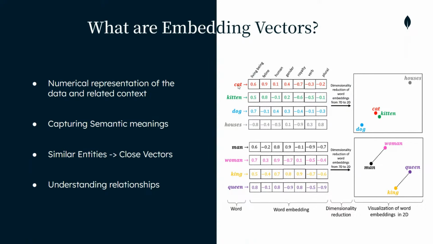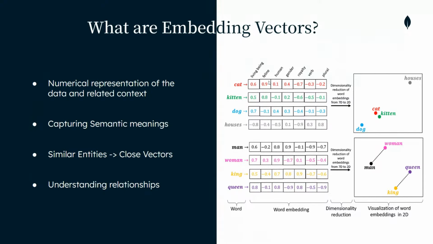In this example here on the right side, which is of course a simplified example, we have words like cat, kitten, dog, or houses, and a vector with 7 dimensions is created for each of them for demo purposes. Each item in the embedding vector represents one feature of the vector, and the number here represents how that feature contributes to that whole context.